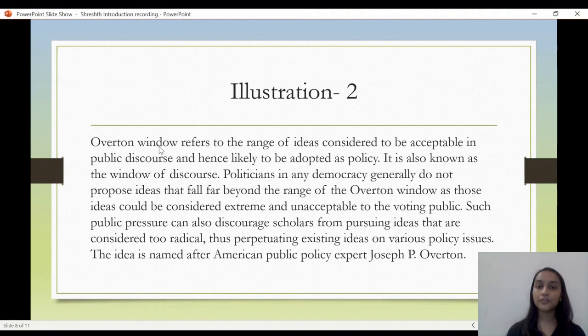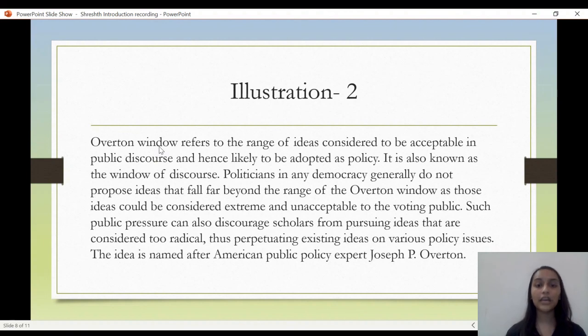An Overton window refers to the range of ideas considered to be acceptable in public discourse and hence likely to be adopted as policy. It is also known as the window of discourse. Politicians in any democracy generally do not propose ideas that fall far beyond the range of the Overton window, as those ideas could be considered extreme and unacceptable to the voting public.